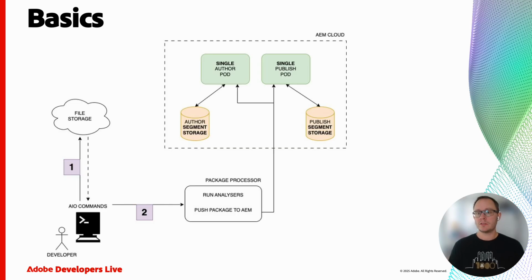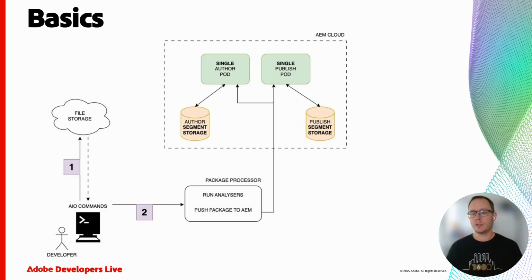I'll come to the details of those commands later on. But basically, if you, for example, install files, we access your file storage locally in step number 1, and then the AIO command uploads those files in step number 2 to a file share, where the RDE instance then goes and grabs them and installs the files into the author and the publish pod by default.